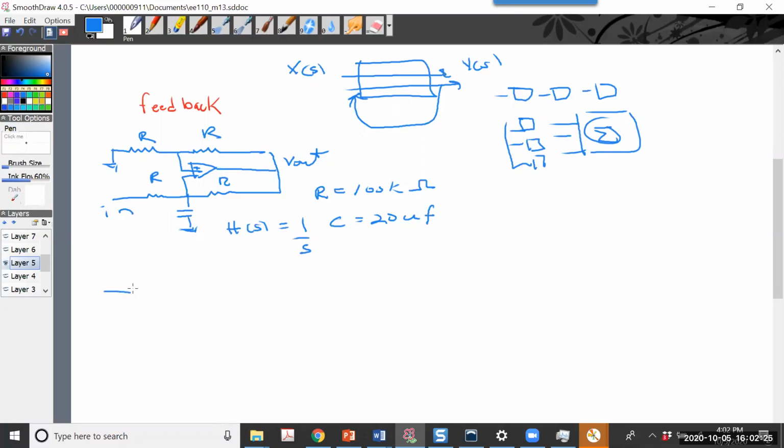We also have this circuit, which is an inverting integrator.